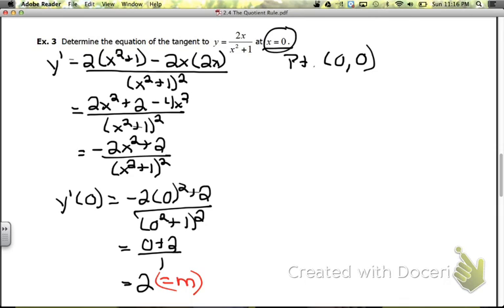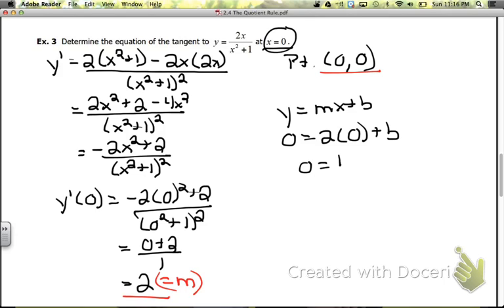So now we can use the fact that we know y equals mx plus b, just a linear equation. So we're going to use the fact that we have our point here, we're going to use the fact we have our slope, and sub it into our equation. So we have 0 equals 2 times 0 plus b. So therefore we get that b is going to be equal to 0.